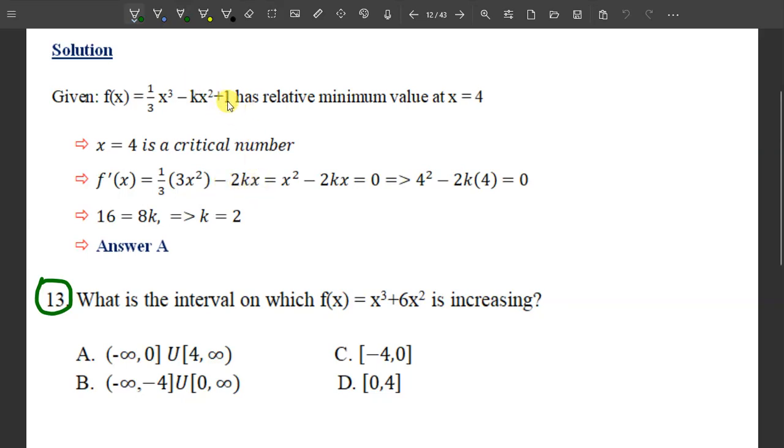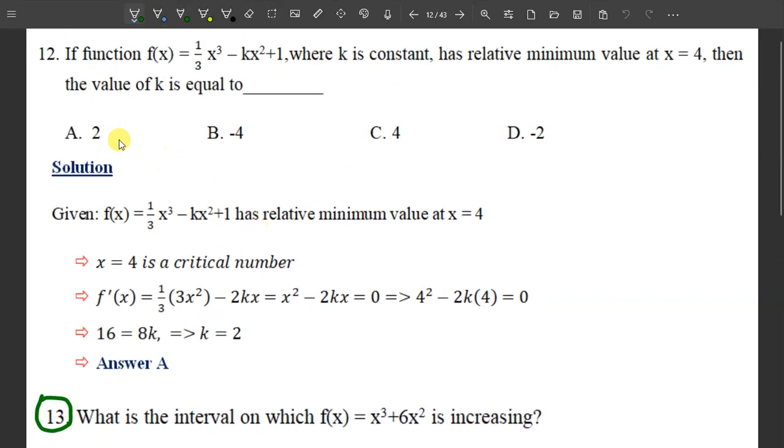The derivative of the constant 1 is 0. Therefore, here 3 cancels 3, x squared minus 2kx is equal to 0. Since our x is equal to 4, replace x by 4. 4 squared minus 2k times 4 becomes 16 is equal to 8k. Then divide both sides by 8, k is going to be 2. Therefore, the answer is A.